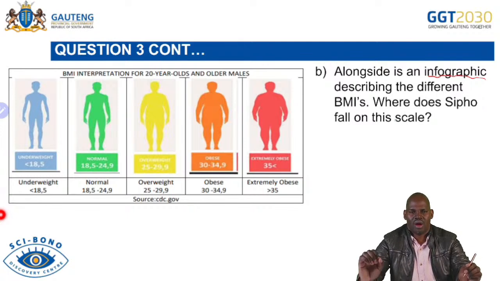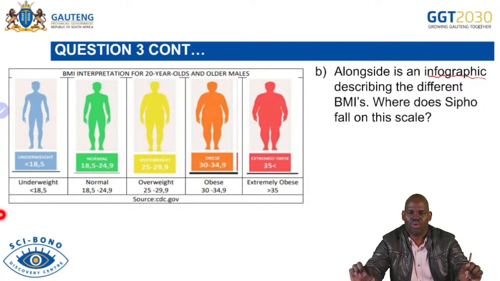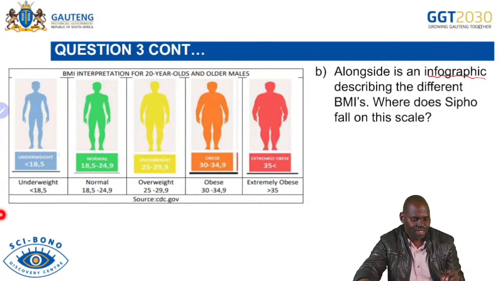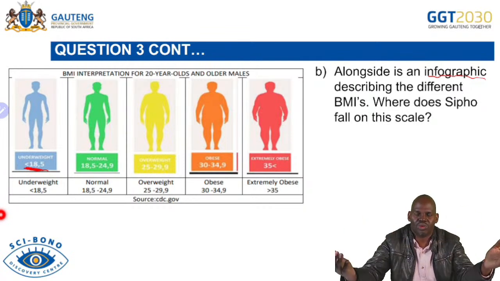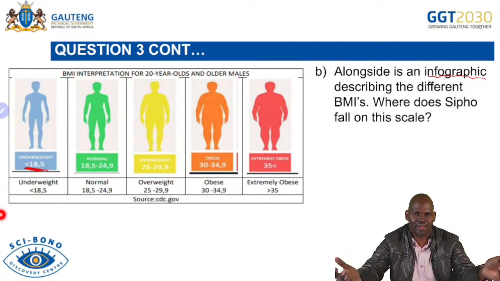BMI is the one that will tell us if your weight status is acceptable or not. Like if you look at this infographic, you will see that the first one says if your BMI is less than 18.5, remember we've got different masses, or different weights, and we also have different heights.